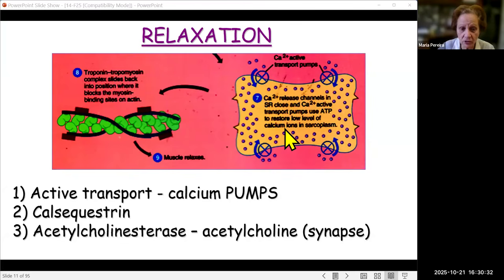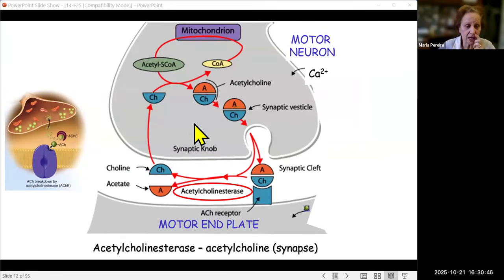So now, how do you get rid of acetylcholine? So here you have the enzyme acetylcholinesterase that is located at the synaptic cleft. So you see here now this cartoon shows you this is the motor end plate.